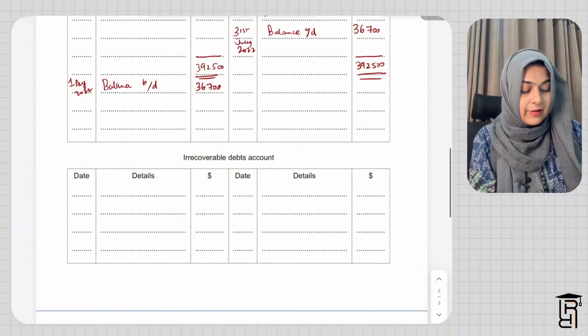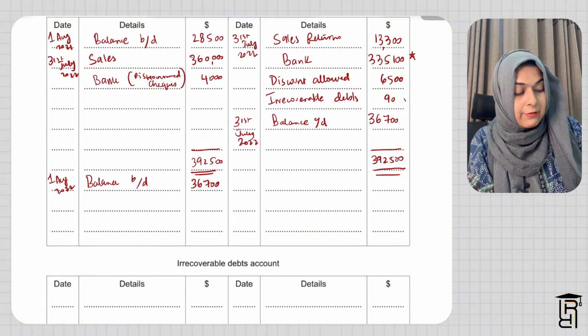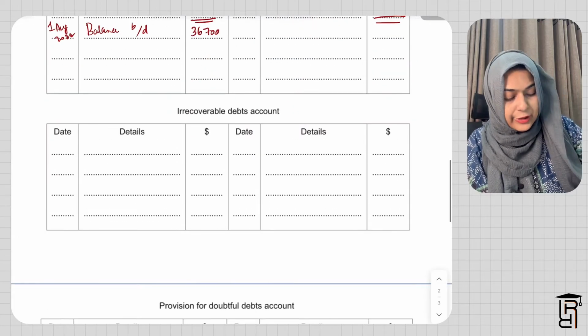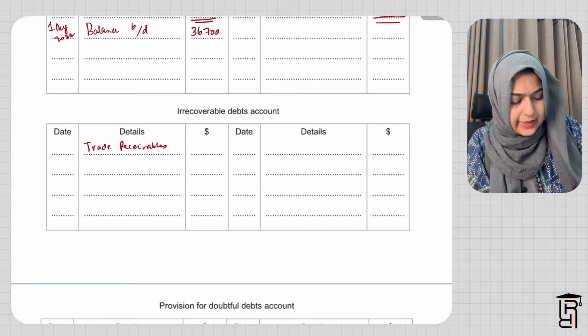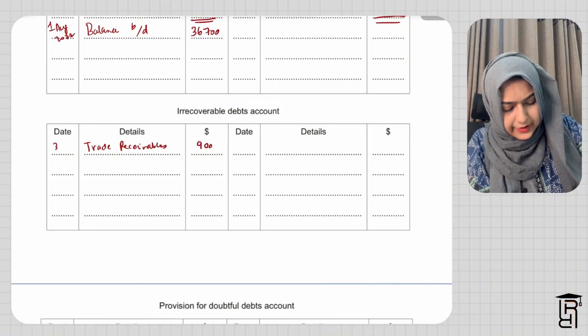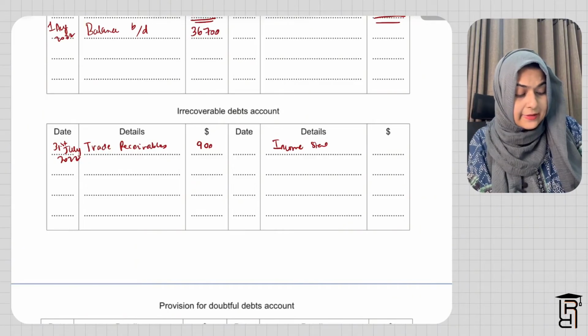Then we have the irrecoverable debts account. So we credited trade receivables for irrecoverable debts. Against that, you need to debit the irrecoverable debts account. So I'll write here trade receivables. I'll write here $900. I'll write here 31st July 2022, and I will transfer this to the income statement, because against this the income statement is being debited.